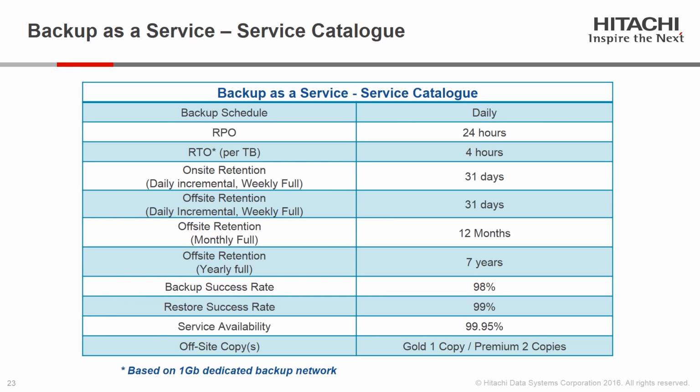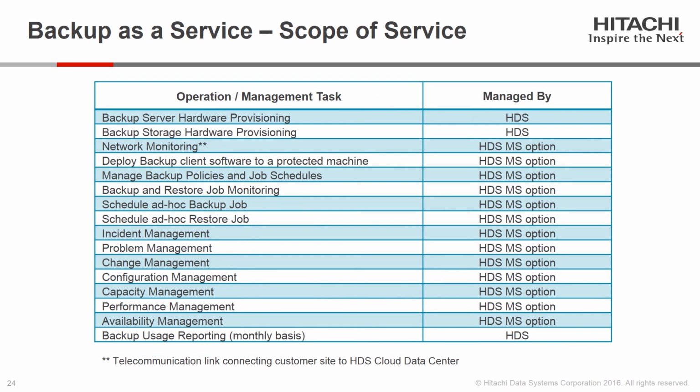This is the Backup as a Service service catalog for a generic customer. Customers are offered measured SLAs for various service metrics, including RPO, RTO, backup, and restore success rates. The HCSC operation team acts on specific backup and restore operations upon service requests. The scope of backup as a service is detailed here.